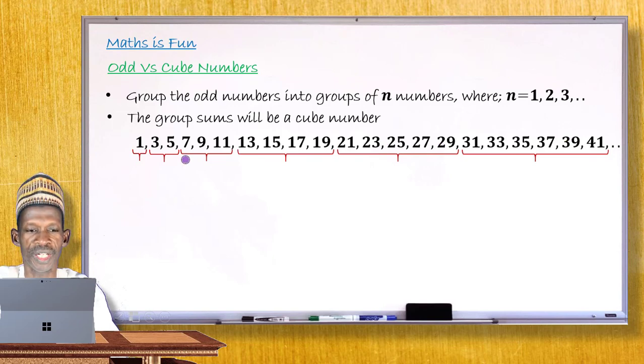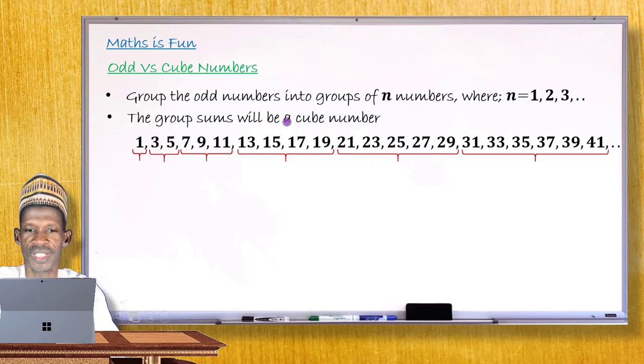I try to group them into a group of 1, group of 2, group of 3 odd numbers, group of 4 odd numbers, group of 5 odd numbers, and so on. So these are the groups. This is the very first group containing only one odd number. Next group containing 2 odd numbers. Next group containing 3 odd numbers. Next group containing 4 odd numbers, and so on.